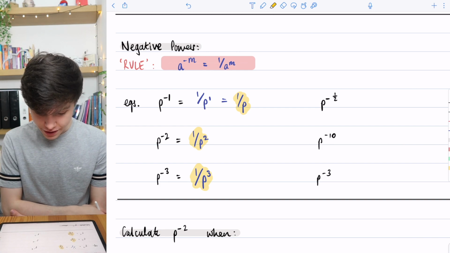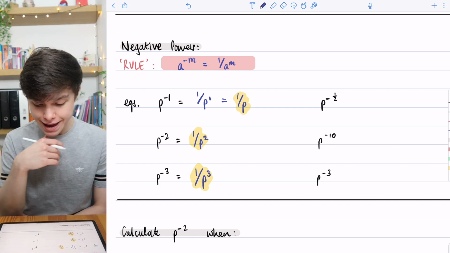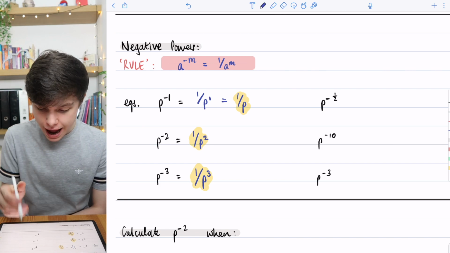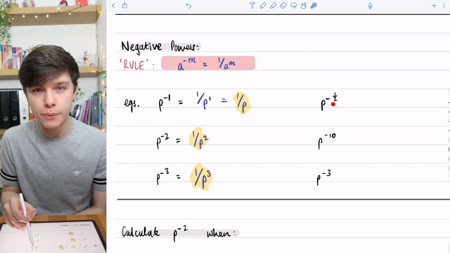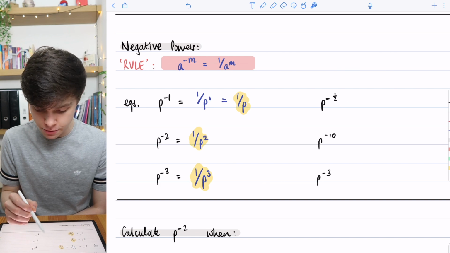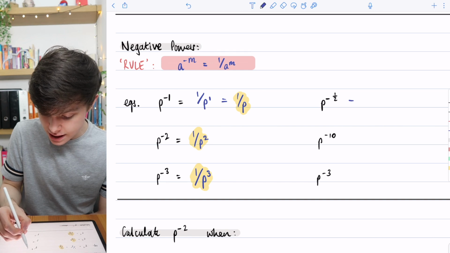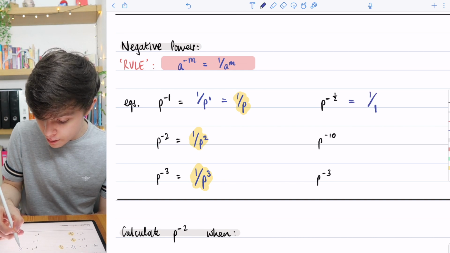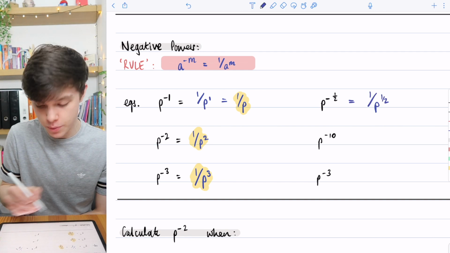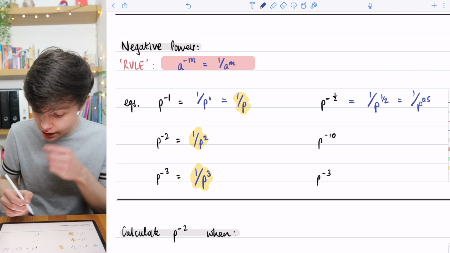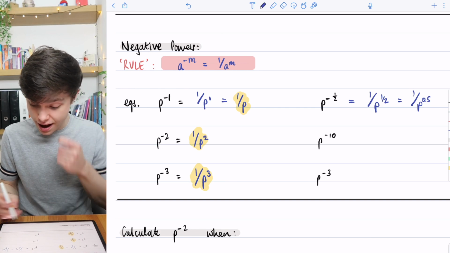Let's have a look at the next 3. So we've got p to the power of minus a half. I haven't introduced fractional powers yet, that will come in another video, but we just do the exact same thing. I just take 1 over p to the positive power, and I could write that as a decimal if I wanted to, so that's 1 over p to the half.